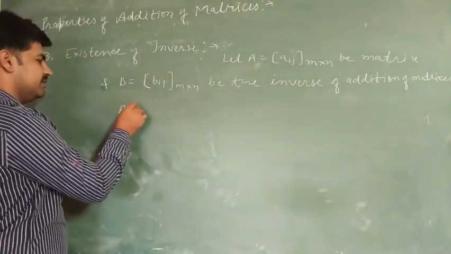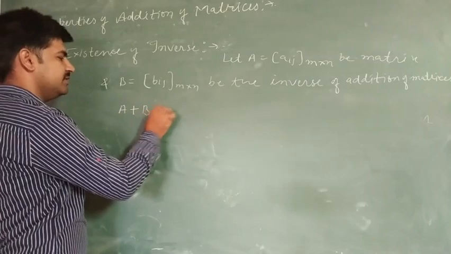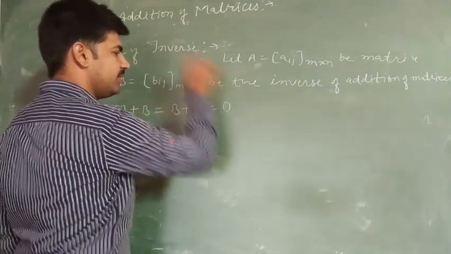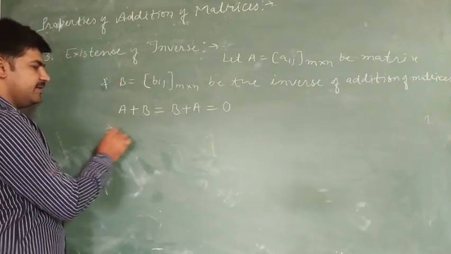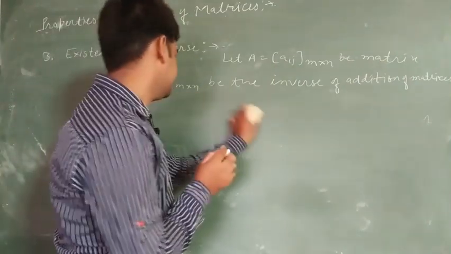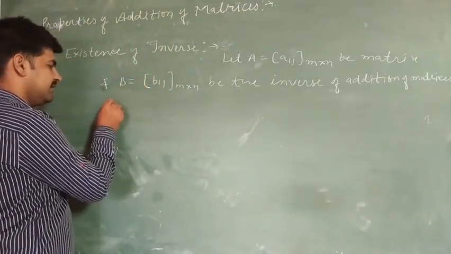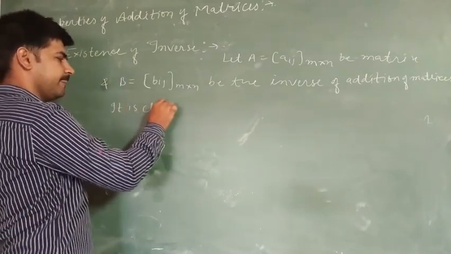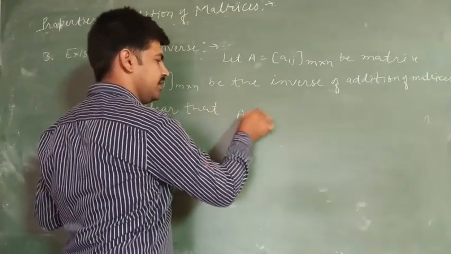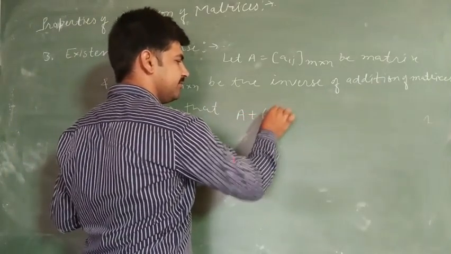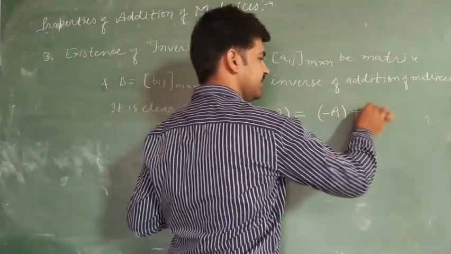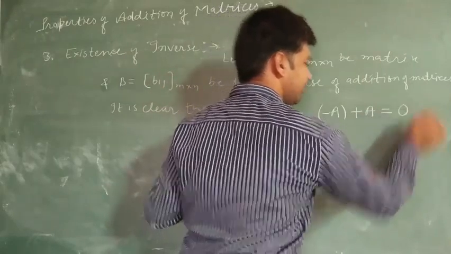Then students, A plus B is equal to B plus A is equal to null matrix, then here B is equal to minus A, or you can also write that it is clear that A plus minus A is equal to minus A plus A is equal to null matrix.